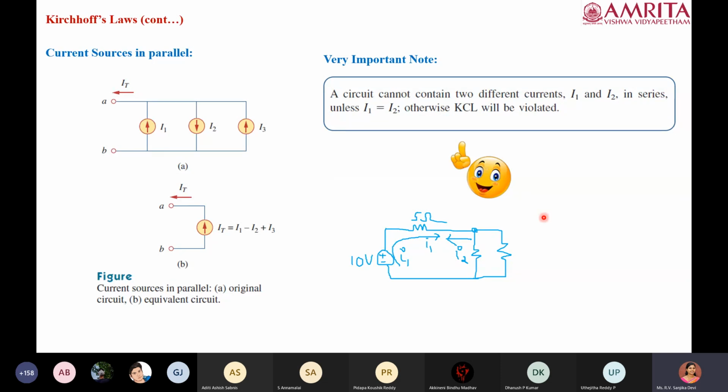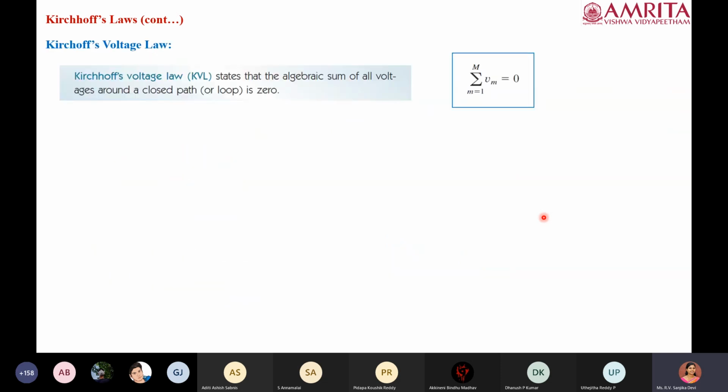Okay, so next we will move on to the next fundamental law, Kirchhoff's voltage law. Kirchhoff's voltage law states that the algebraic sum of all the voltages around a closed path or loop is 0.